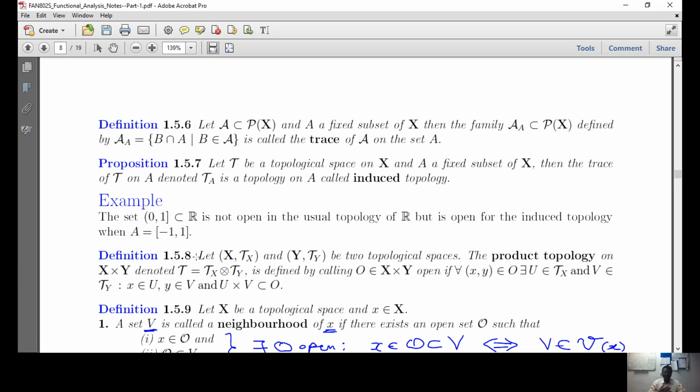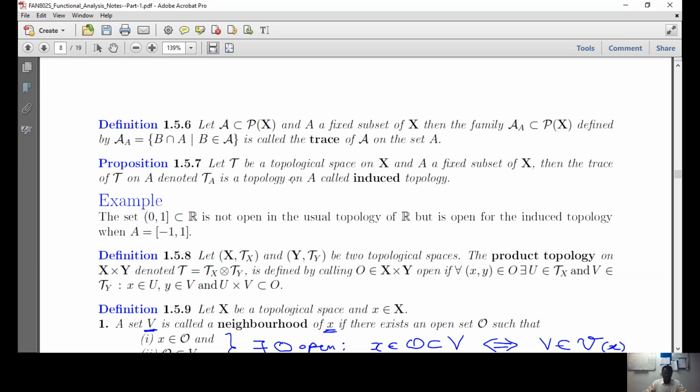Okay, so we have a definition here. If you take calligraphic A, a subset of P(X), the power set of X, and A, a fixed subset of X, then the family calligraphic A sub A, defined as the intersection of any element of calligraphic A with A, is called the trace of calligraphic A on the set A. The following proposition gives us this result.